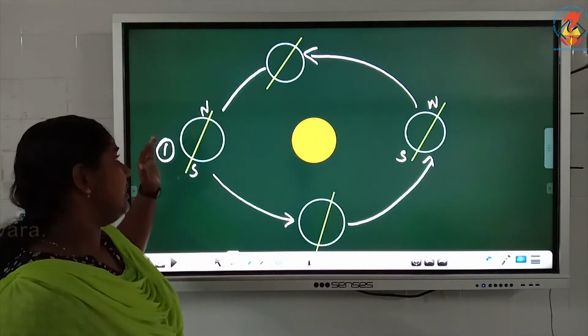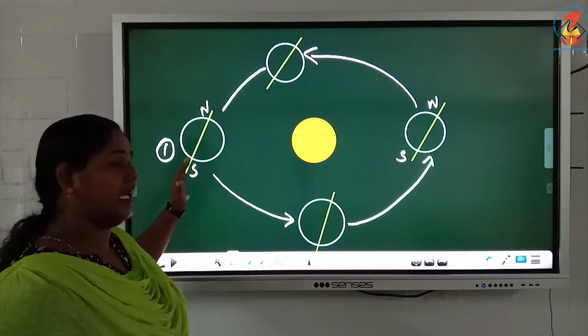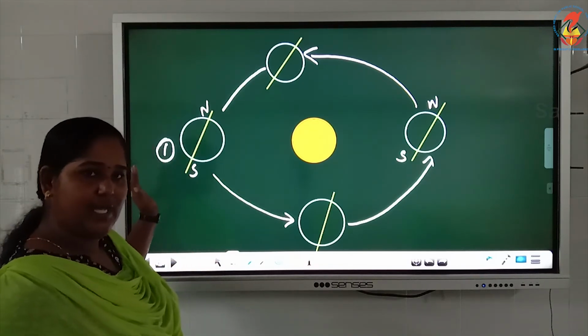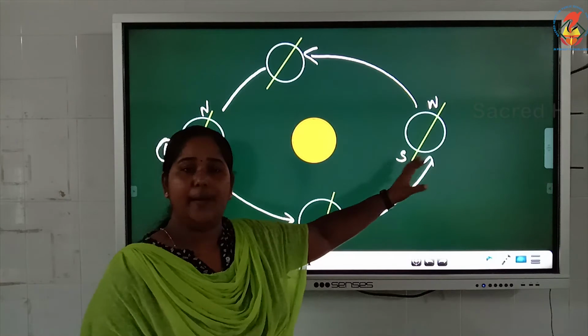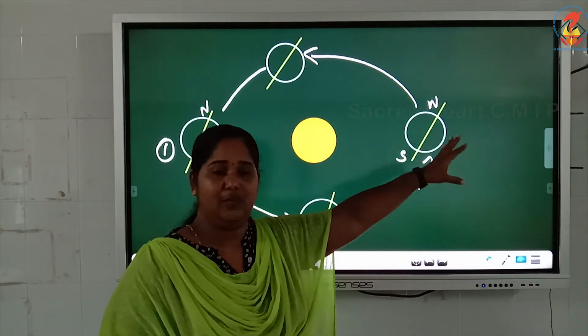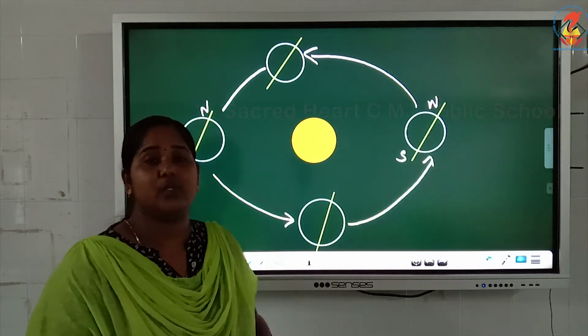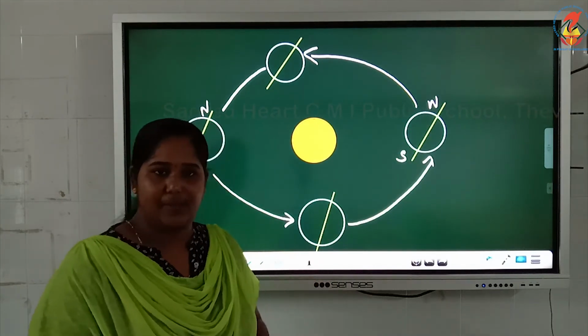That means when the north pole is towards the sun, it has summer, and the south pole will have winter. And when it revolves, at one point what happens? The north pole comes away from the sun, it will have winter, and the south pole comes closer to the sun, then it will have summer.